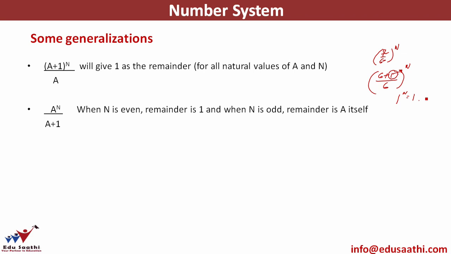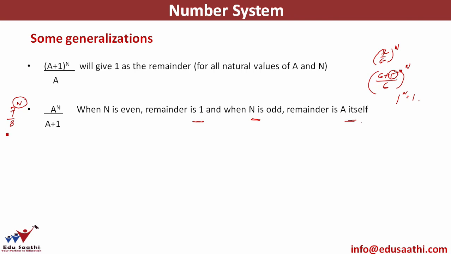A raised to power n over a plus 1. So what is it? It's something like, what is the remainder when 7 raised to power n is divided with 8? Now when n is even, the remainder is 1. When n is odd, the remainder is a itself.